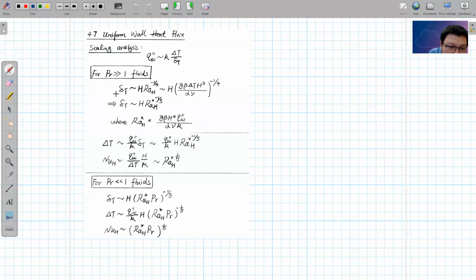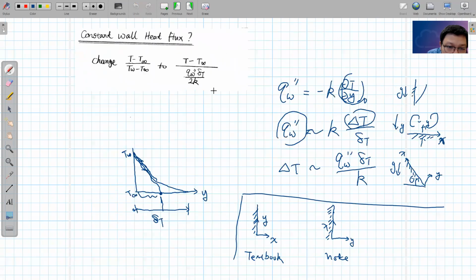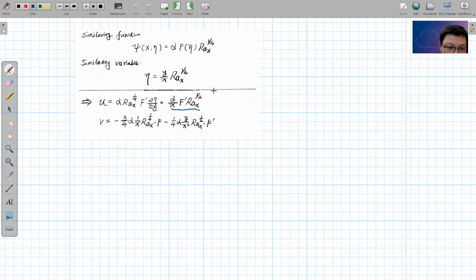And based on our scaling analysis, this boundary layer thickness is equal to this one here. This is the scaling analysis we did before. Let me show you.